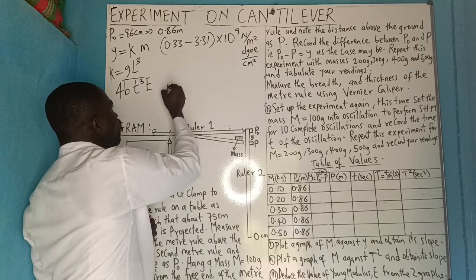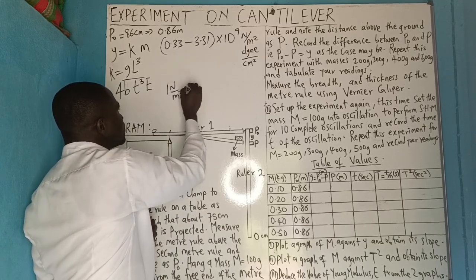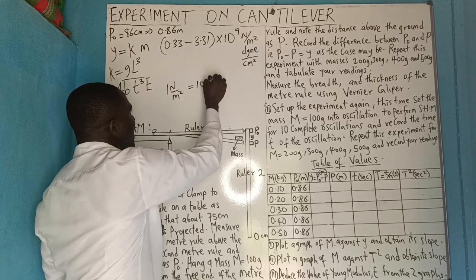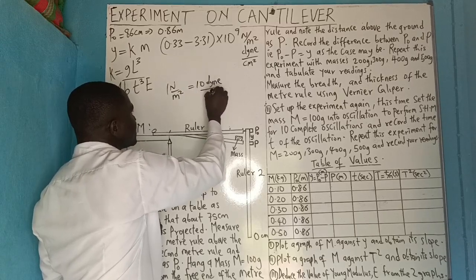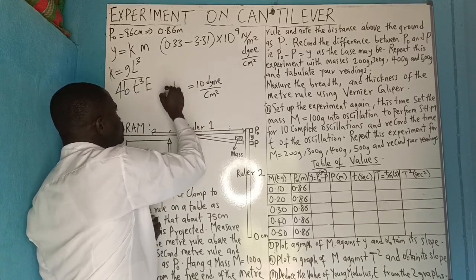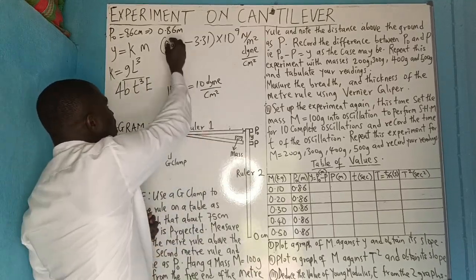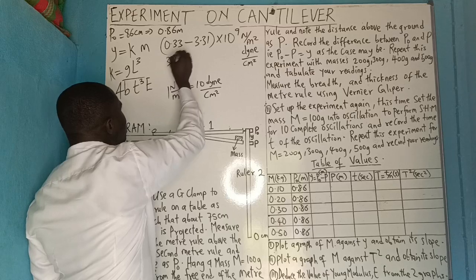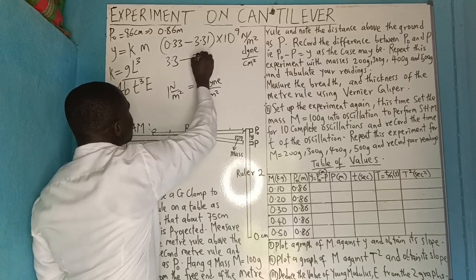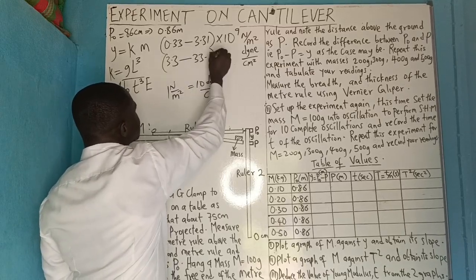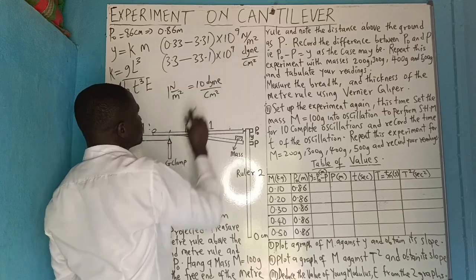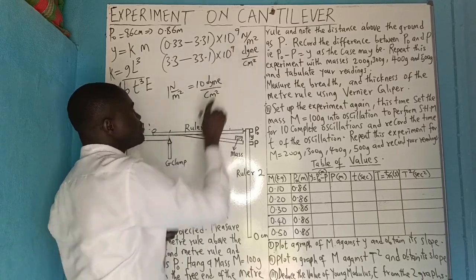Tell them that 1 Newton per meter square is equal to 10 dyne per centimeter square. And so here it will be 3.3 to what? 33.1 times 10 raised to the power of 9 dyne per centimeter square.